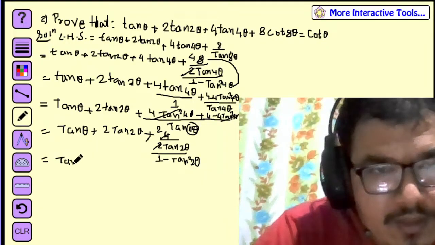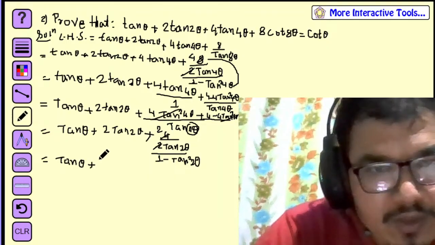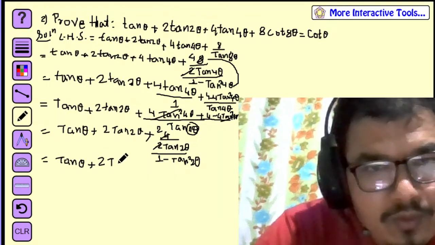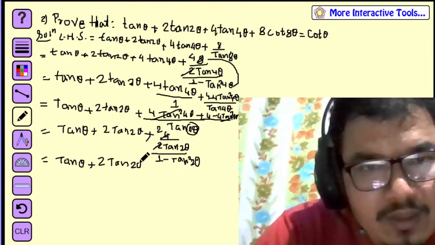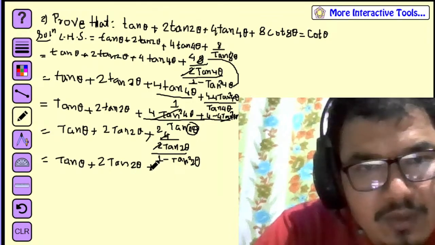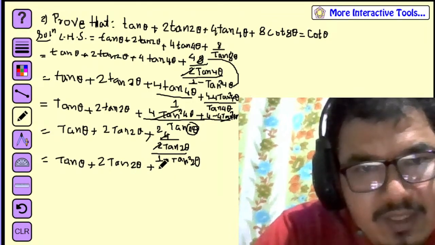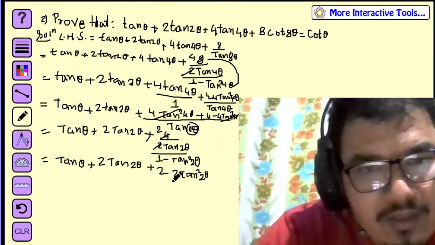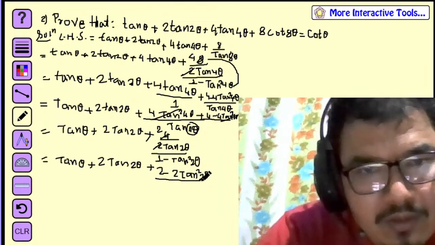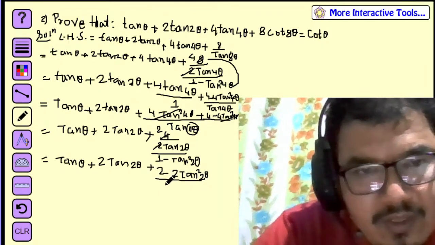This is tan theta, it will remain tan theta only, and here will be 2 tan 2 theta plus, now this goes up multiplied with this, so it will be 2 minus 2 tan square 2 theta, and down is tan 2 theta.